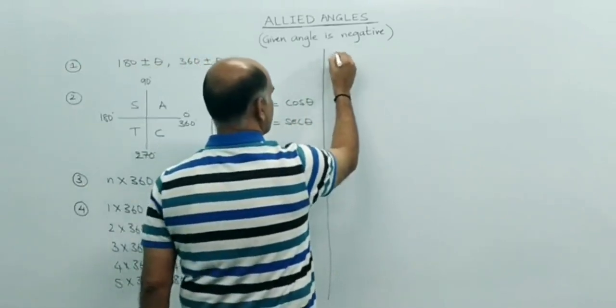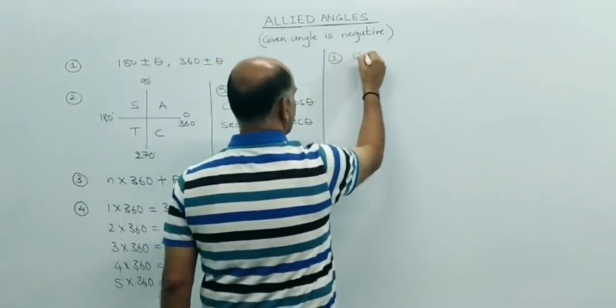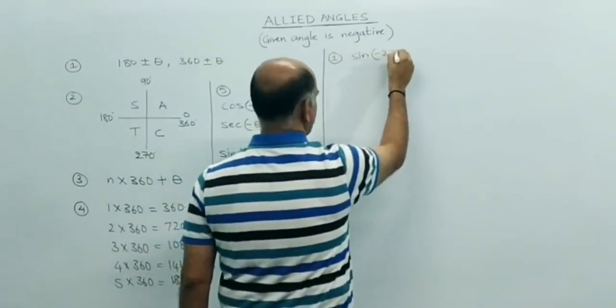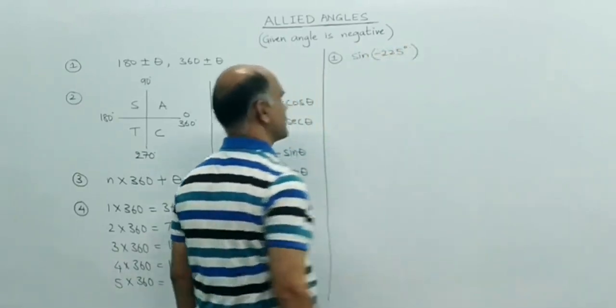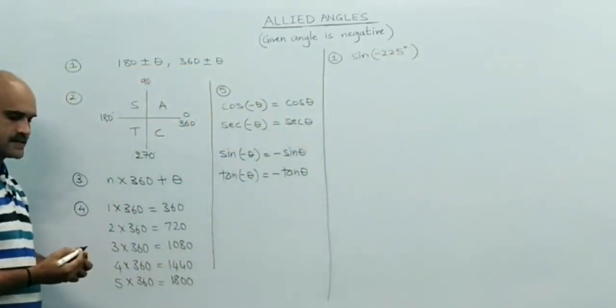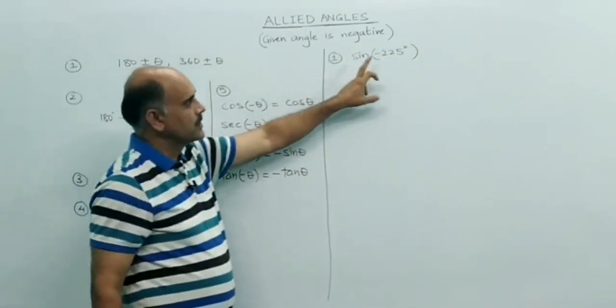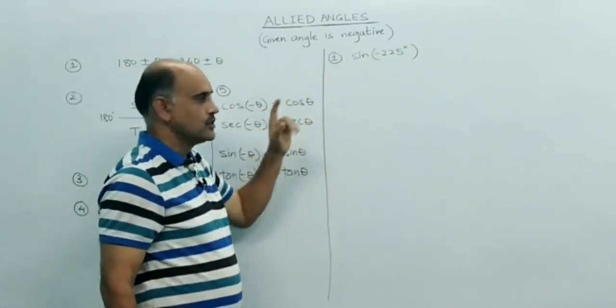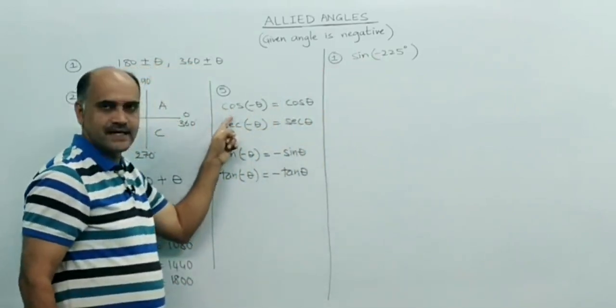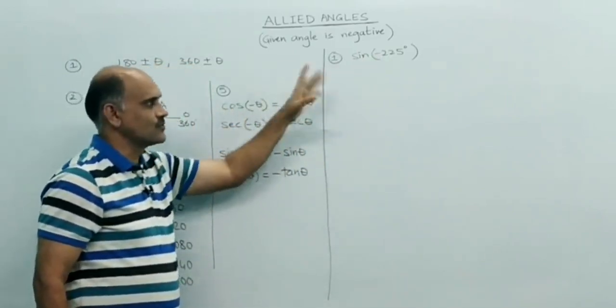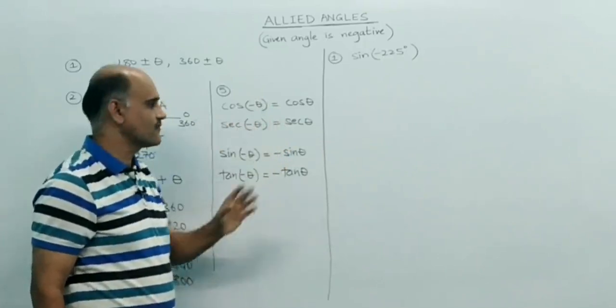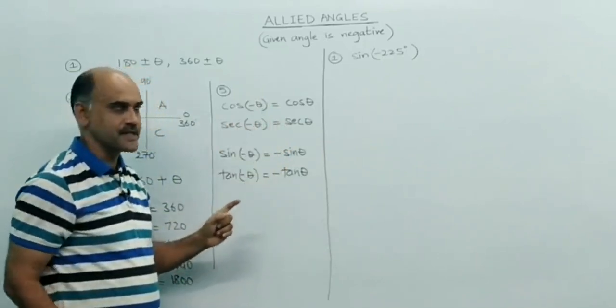First one, sine minus 225 degree. Now here minus is there. So if cos and secant are there, that minus sign goes, else for all other functions the minus sign remains.